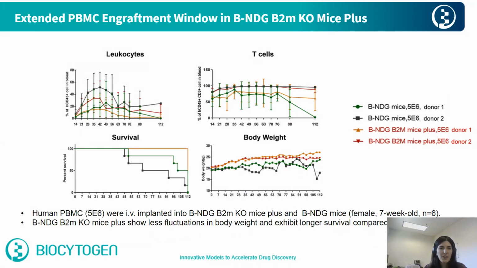So the BNDG mice have reduced survival and exhibit fluctuations in body weight, shown by the black and green lines on the bottom, while the B2MKO mice are able to survive past 100 days and exhibit no reductions in weight, which would be one indicator of GVHD that is monitored in these mice. So together, these data indicate that there is indeed an extended PBMC engraftment window in these mice.